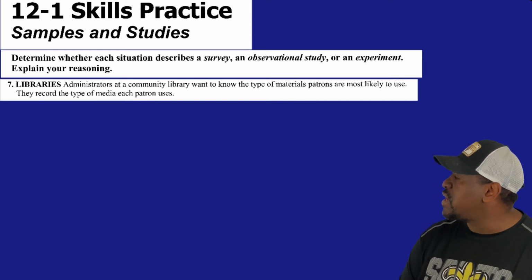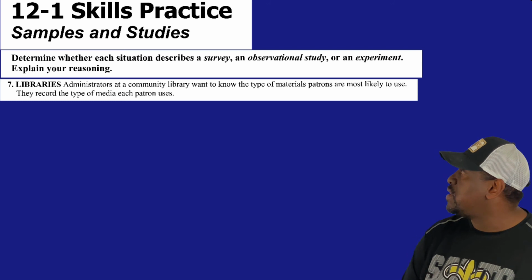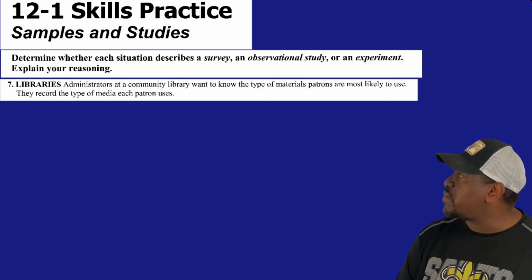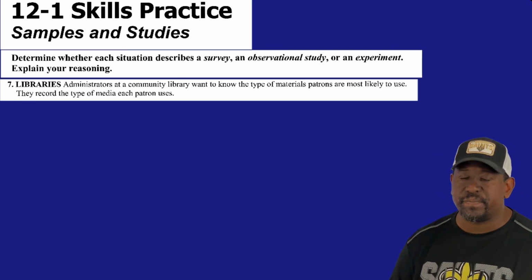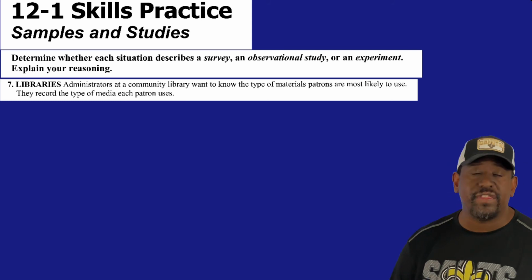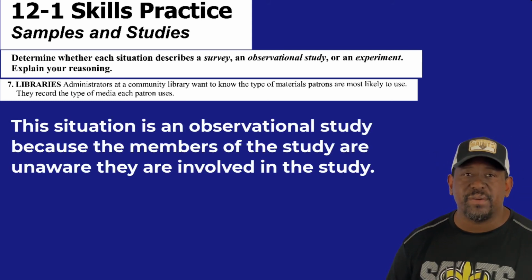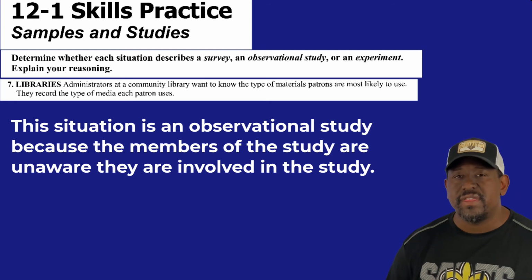Now the second example we have here: administrators at a community library want to know the type of material patrons are likely to use. They record the type of media each patron uses. Now again, we would call this situation an observational study because the patrons are not aware that they are being studied.